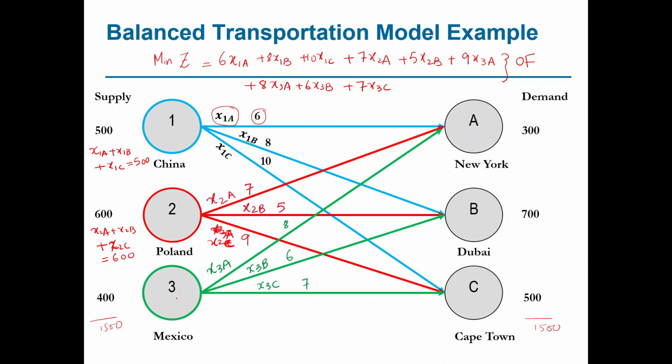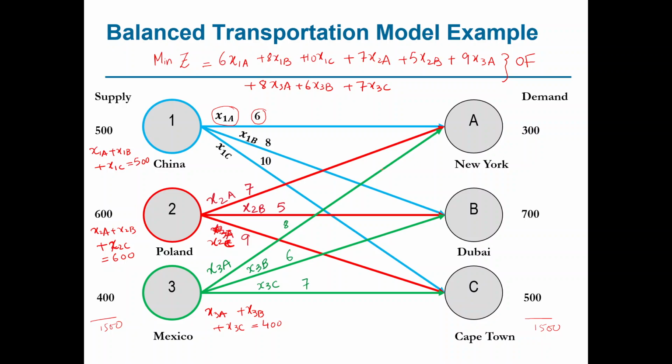And then we have the supply constraint for Mexico, and it will be x3a plus the quantity shipped from Mexico to Dubai, x3b, plus x3c, which must be equal to 400. The important thing is that equality must be mentioned here.